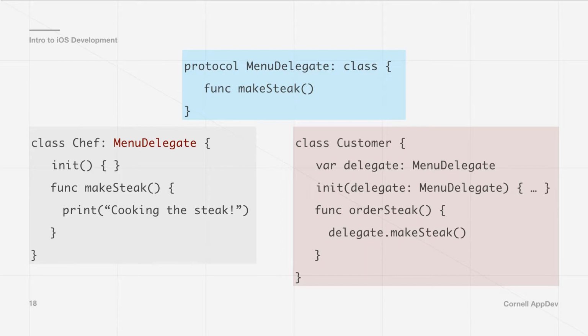Whenever the customer wants to order a steak, they just call delegate.makeSteak. The corresponding chef then conforms to that protocol, saying, I understand how to make a steak. In this code it says print cooking steak, but there would be more logic in there to handle that information. We'll go deeper into more examples with this throughout the code.